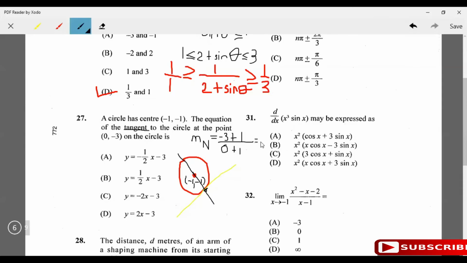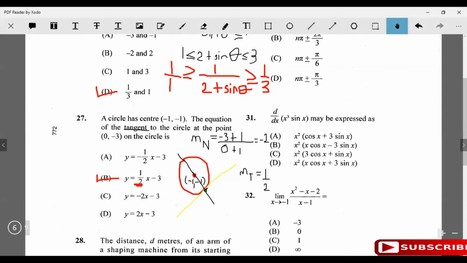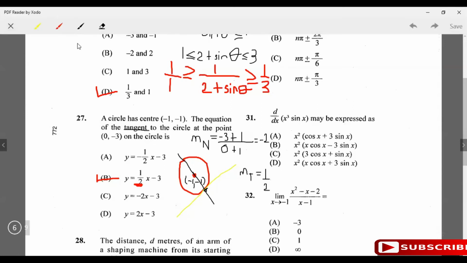So the gradient of the normal is -2. If the gradient of the normal is -2, then the gradient of the tangent is 1/2. And so we're looking for something with the gradient being 1/2, and that is option B. Here it is, the gradient is 1/2. That's question 27. Easy, soft.